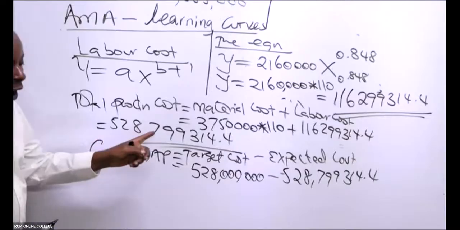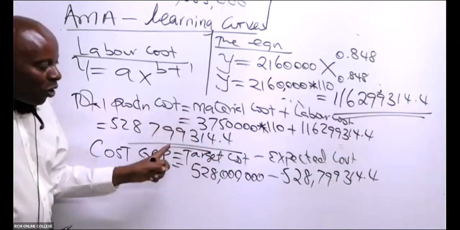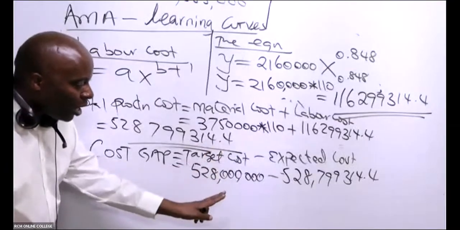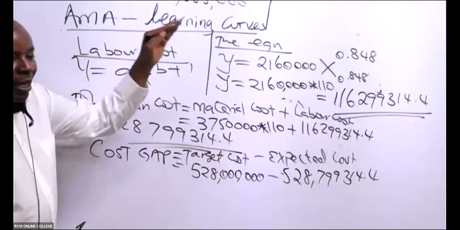I can see there is a cost overrun. We were targeting to incur only 528 million, but we have ended up spending more.